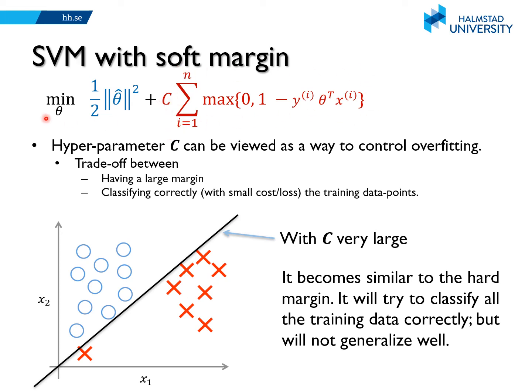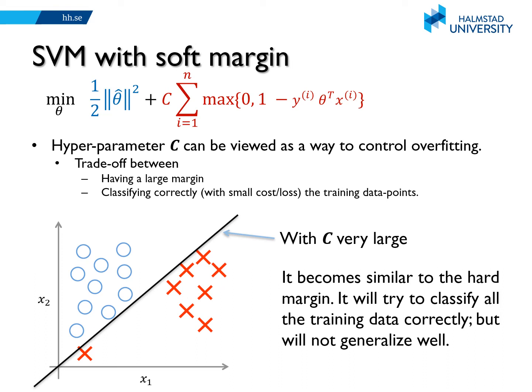And by doing so, the parameters vector theta that you will find will give a hyperplane that classifies correctly all the training examples, for example, this one. So when choosing C to be extremely large, this actually becomes like the hard margin problem. It will classify correctly all the training examples, but it will not generalize well.